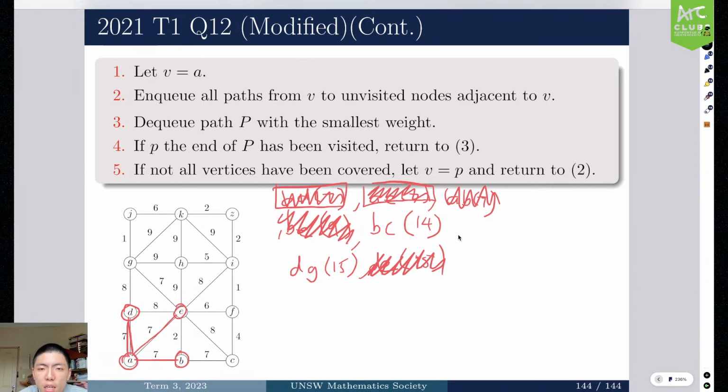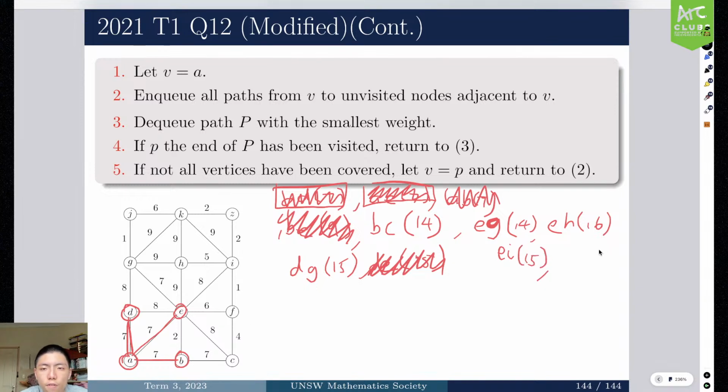So now from E, all we need to do is look at E and its new additions. So if we went from A to E to G, that would have a total of 14. A to E to H would have a total of 16. A to E to I, so I'm going in a clockwise order to be systematic, would have a total of 15.